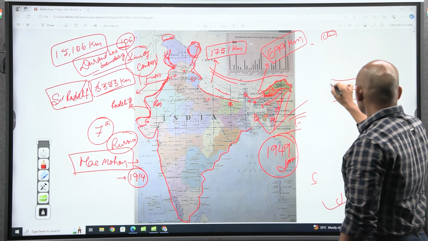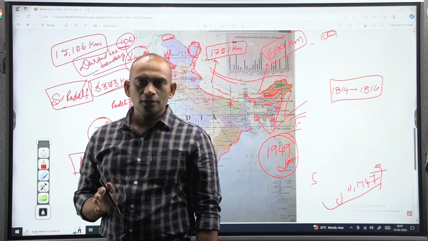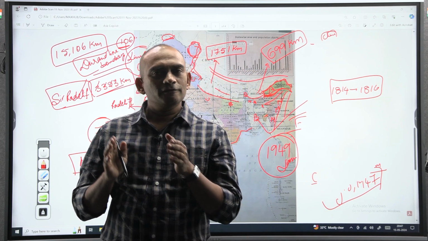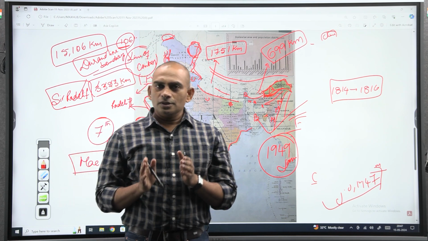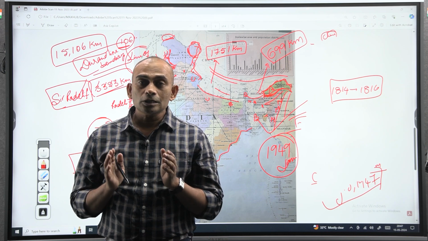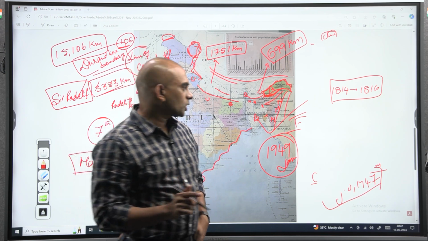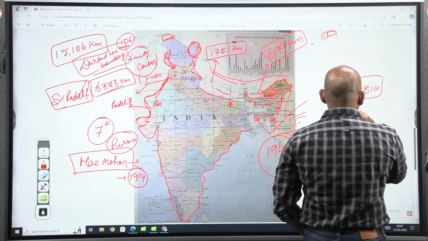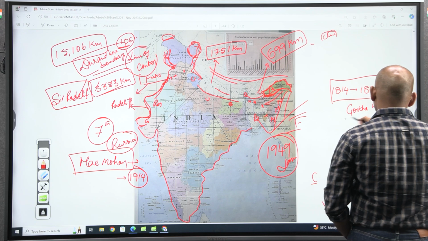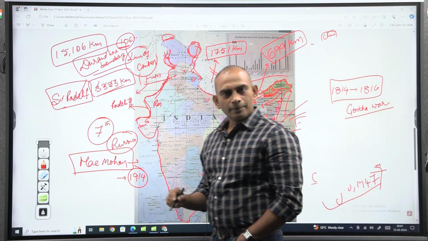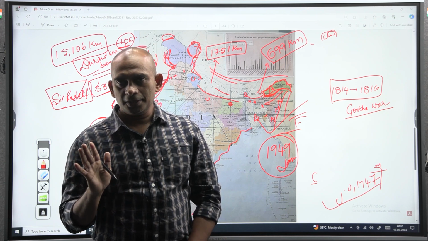After 2 years of war, at the end of 1816, this war, also known as the Gorkha War, or else the Nepal War, between Nepal and British India, came to an end.